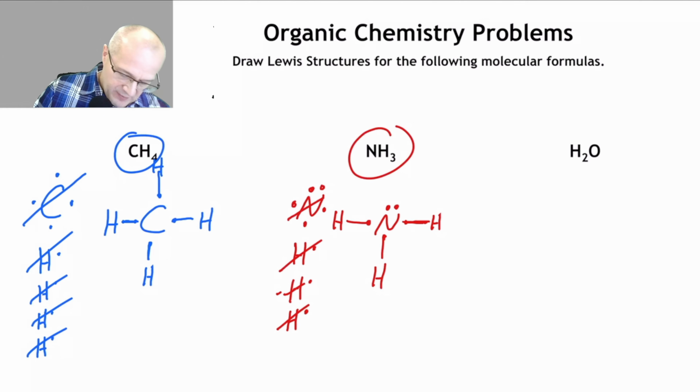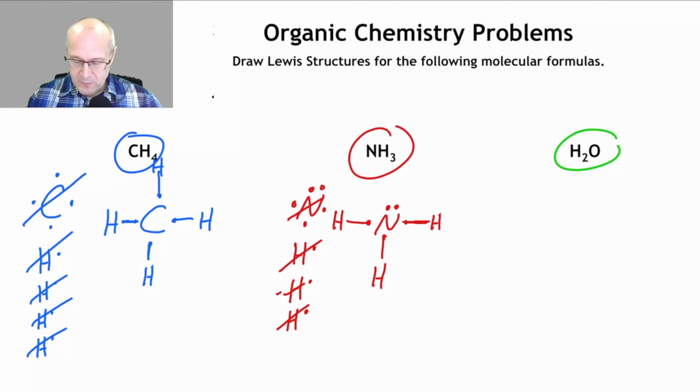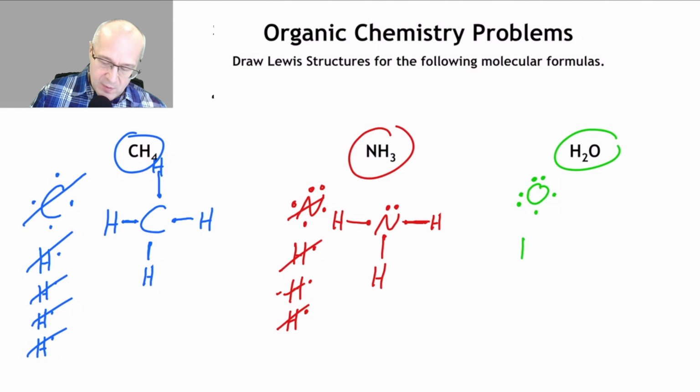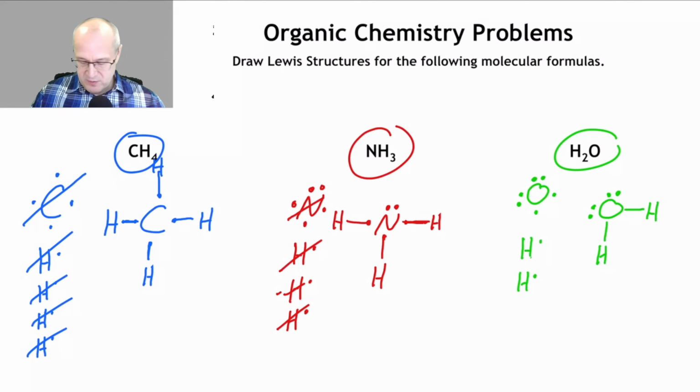Let's keep on moving down the row. Water. Oxygen has 6 valence electrons. I know that because oxygen's in group 16 or 6A. So it has 6 valence electrons. Hydrogen, of course, wants to have 1. So oxygen will make a bond to 2 hydrogens. 2, 4, 6, 8.